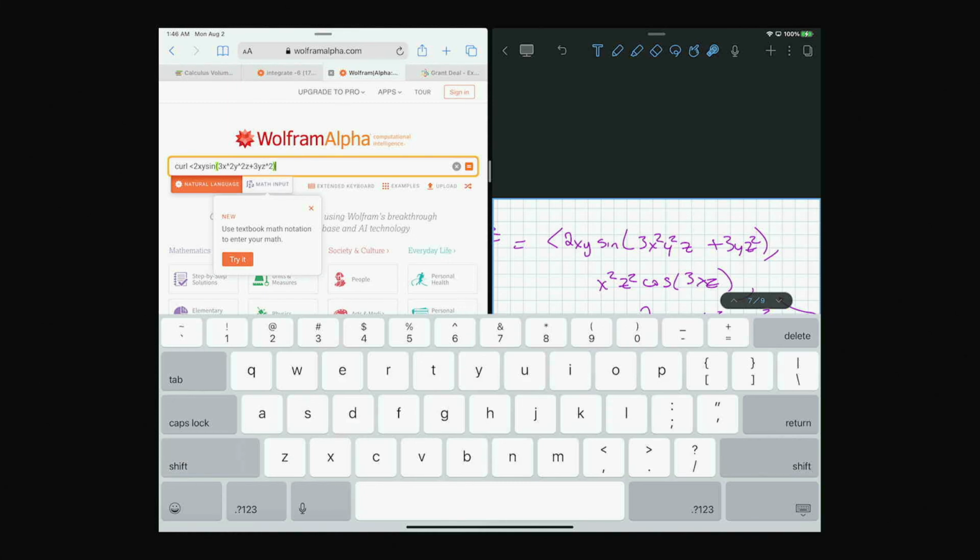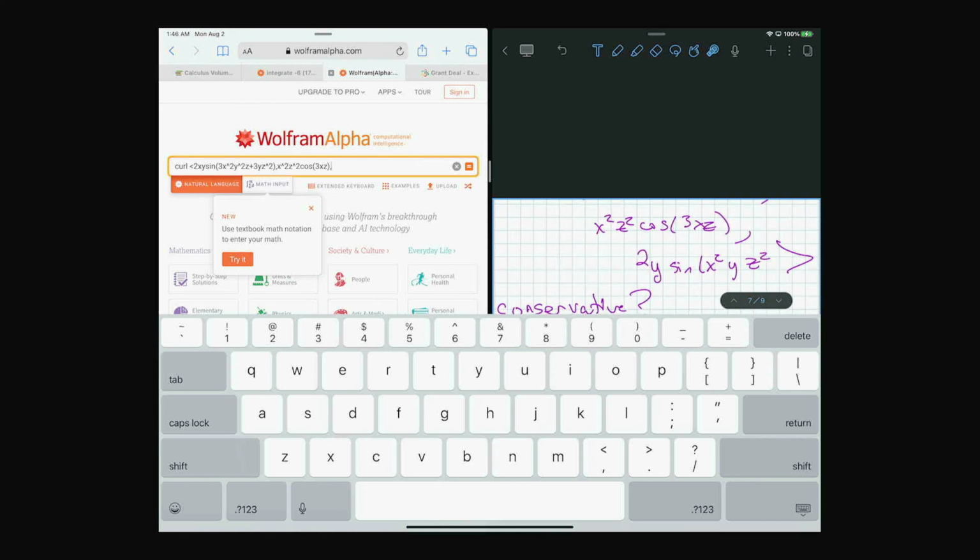There's my first component, comma, x squared z squared cosine 3xz, comma, 2y sine x squared yz squared.